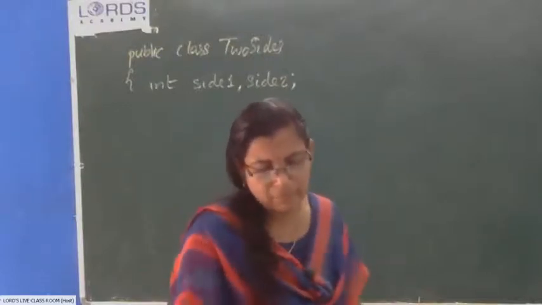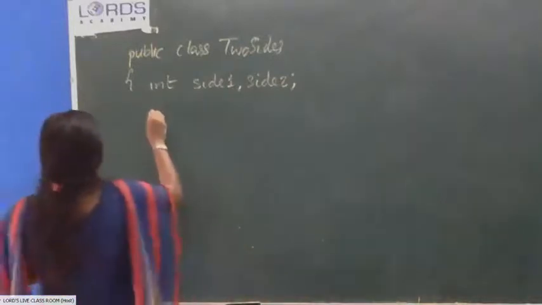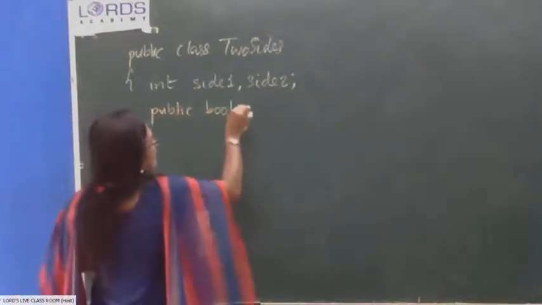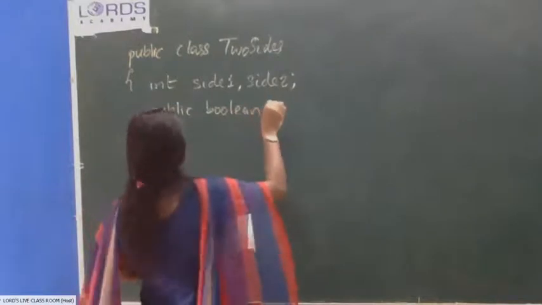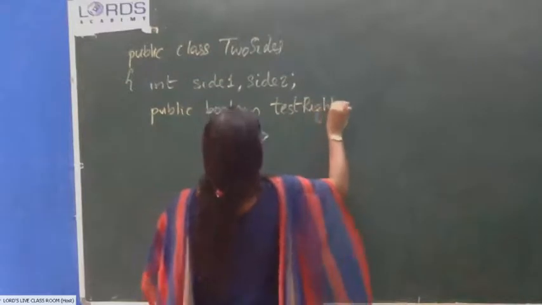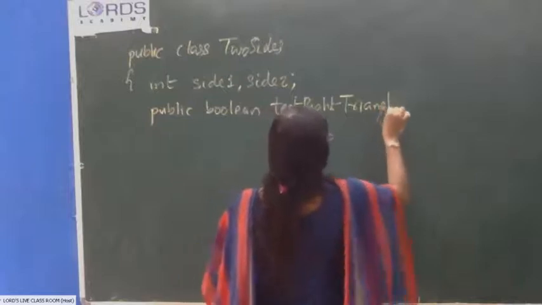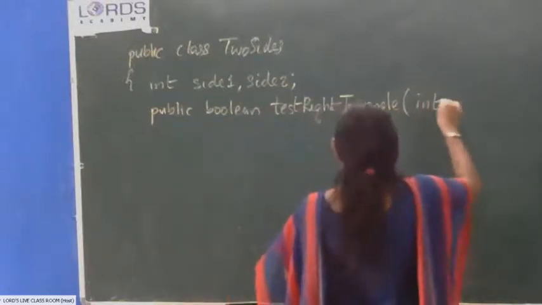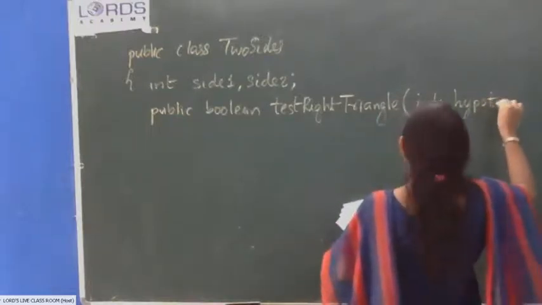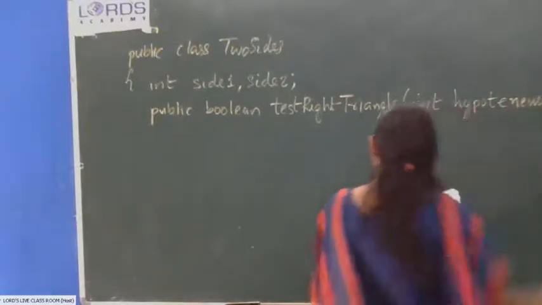Now we have written a method, public Boolean test right triangle, int hypotenuse.